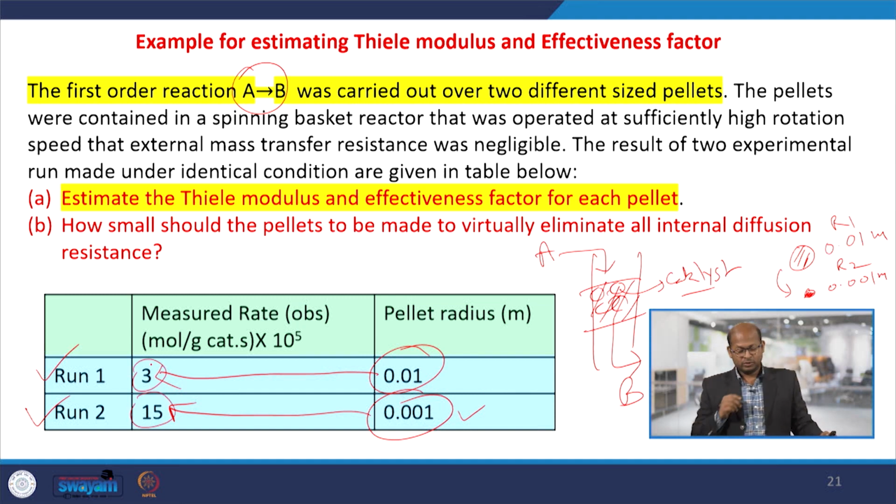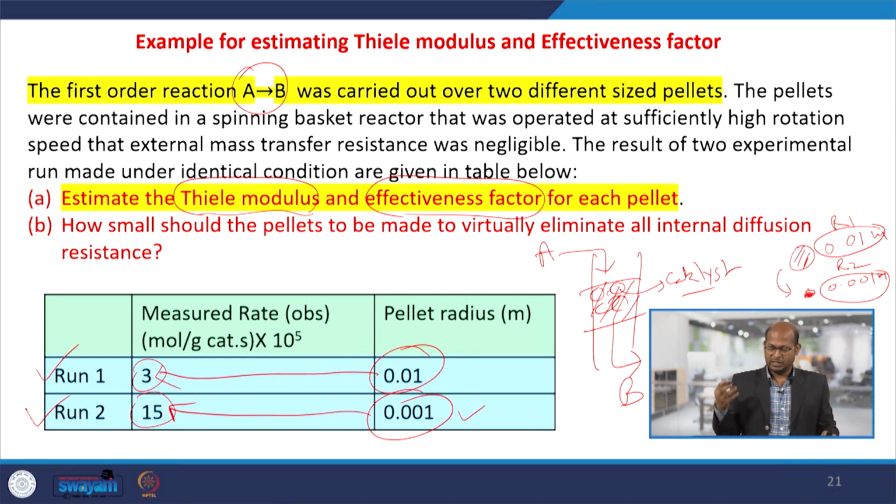Now we have to find the Thiele modulus and the effectiveness factors, and whether the particle size we have taken, radius 0.01 meter or 0.001 meter, is suitable or not, that is, whether internal diffusion exists or not.